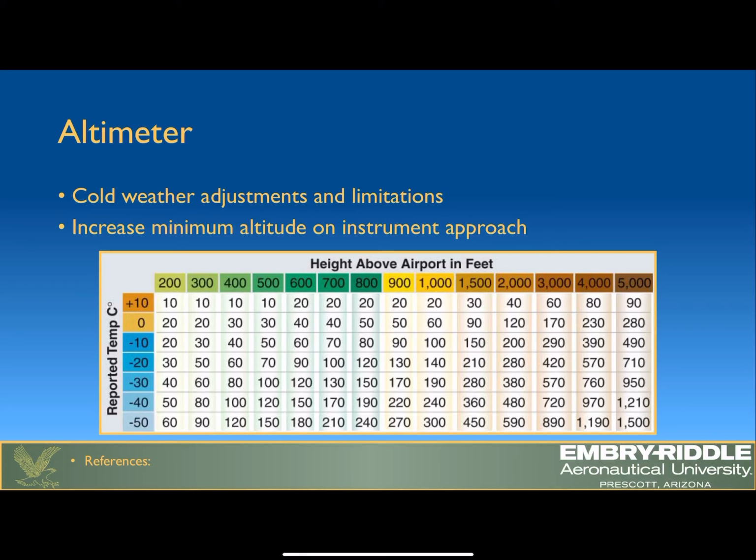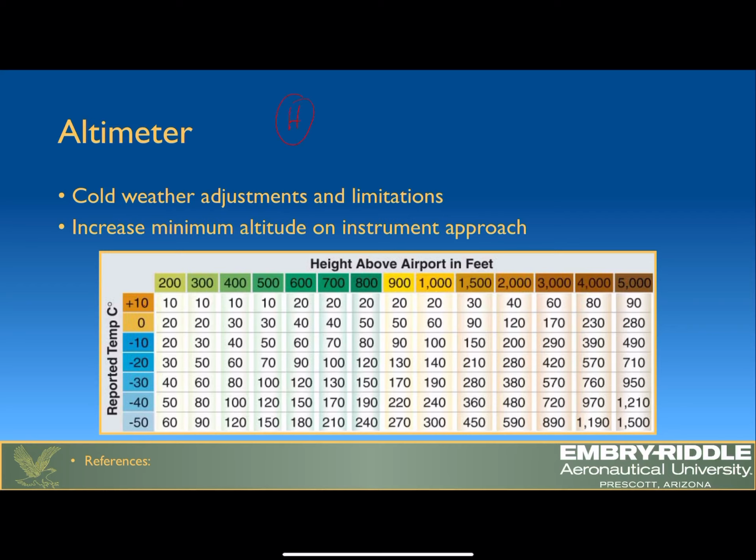Here is a cold weather adjustment chart. You want to increase minimum altitude on instrument approaches if you're flying into a cold weather airport. So you can see here, 10 degrees plus 0. The colder it gets, because remember, we really get concerned when we go from high to low.